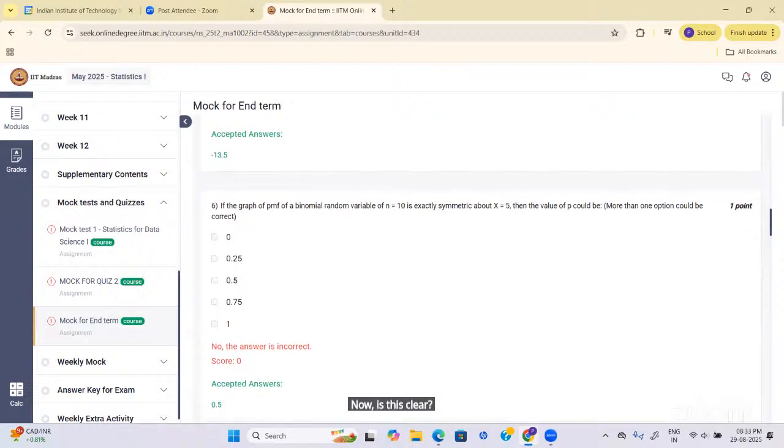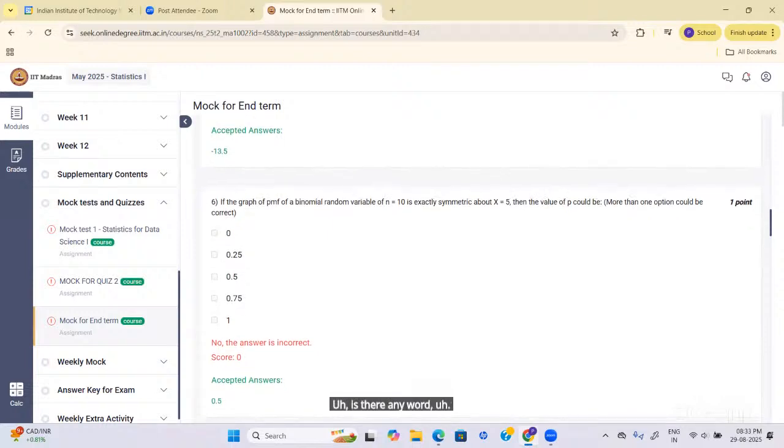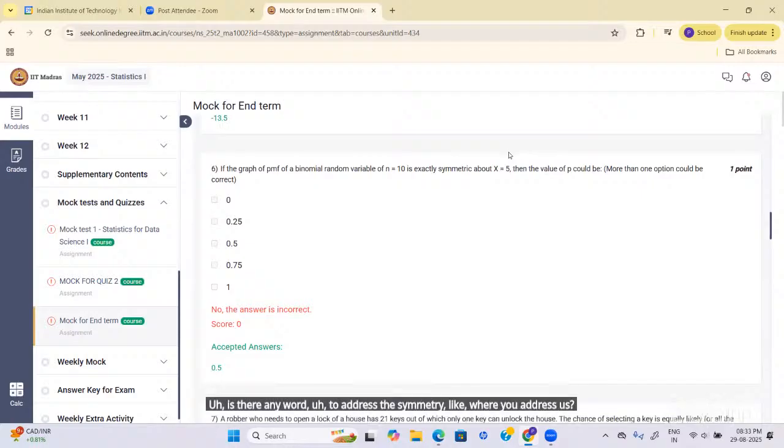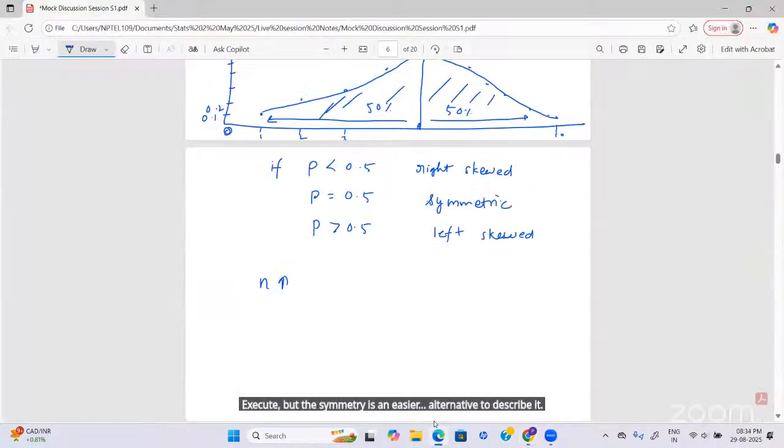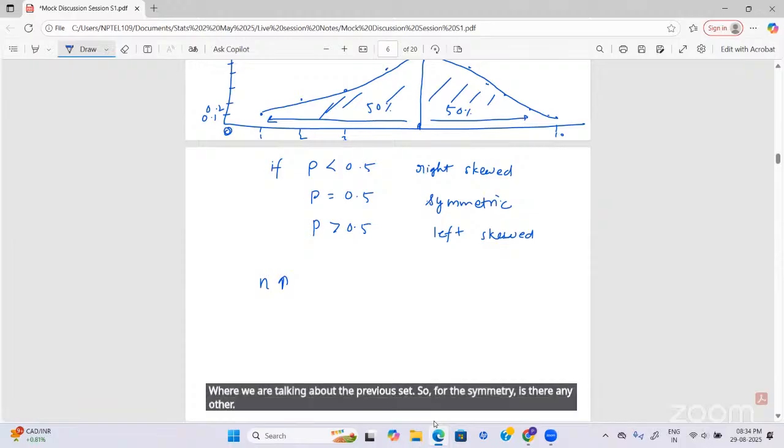Is there any word to address the symmetry, like where you address left skewed? For the symmetry, is there any other alternative word to describe it? Sorry, I don't understand, what's the question? You discussed the left skewed and right skewed, where we are talking about p less than 0.5. So for the symmetry, is there any other word to describe it, or is it just symmetry?